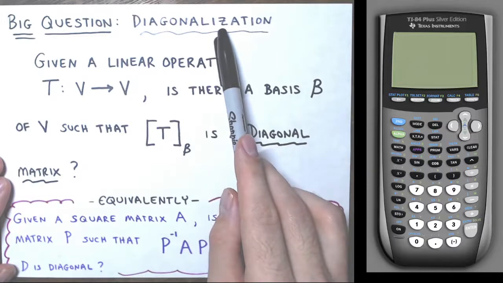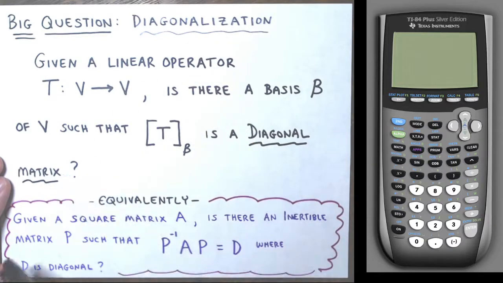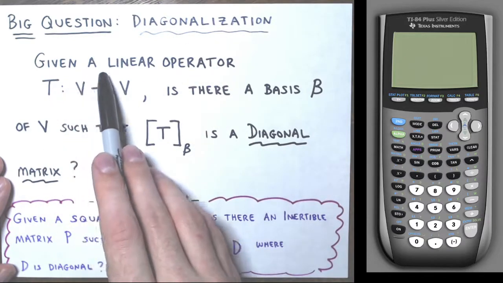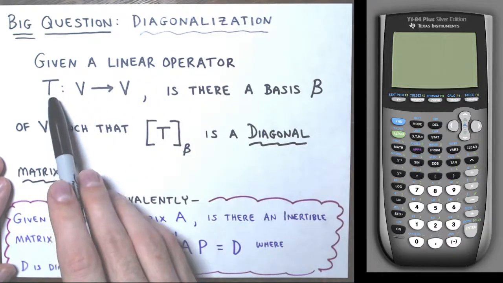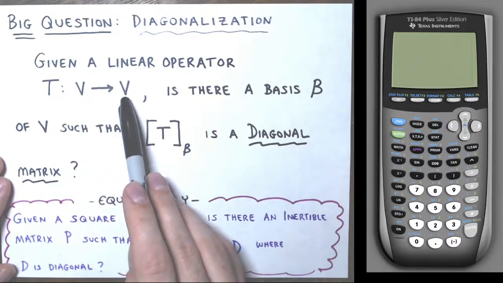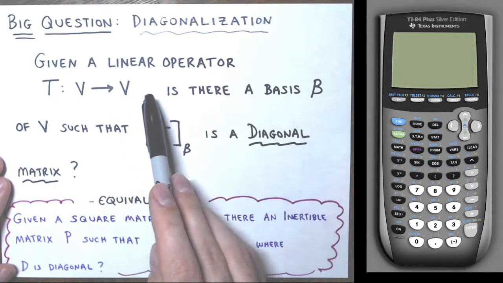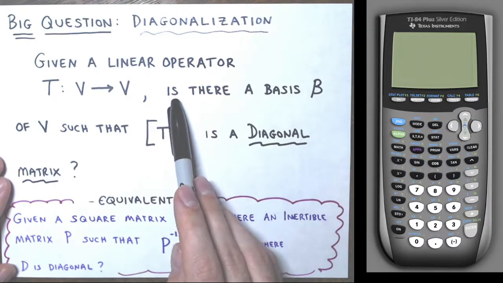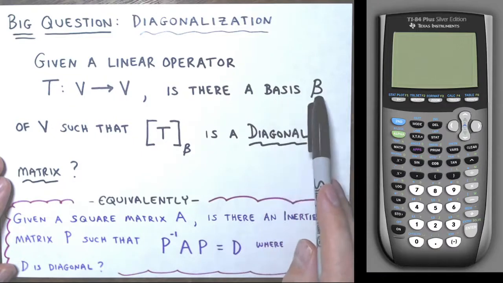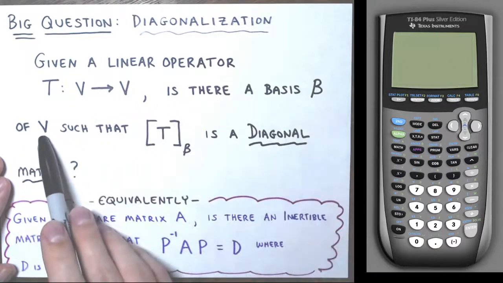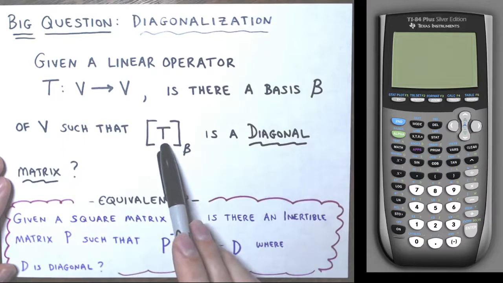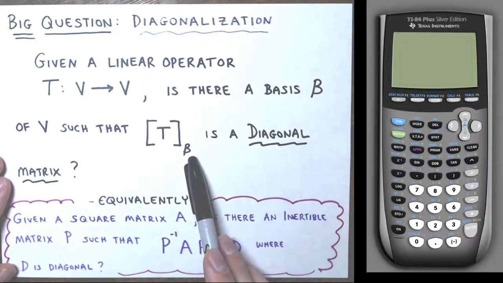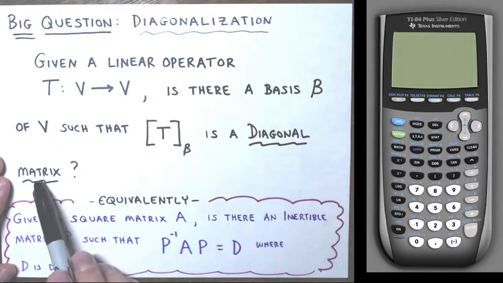Suppose we're given a linear operator, some linear transformation from a vector space V into that same vector space. The question is, is there a basis B of this vector space V such that the matrix representation of T with respect to B is a diagonal matrix?